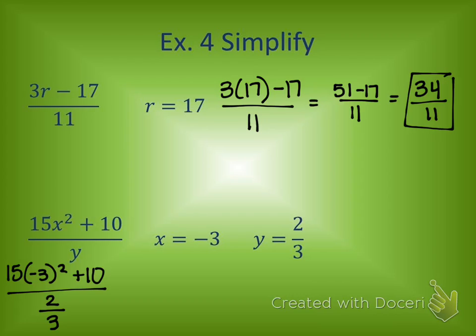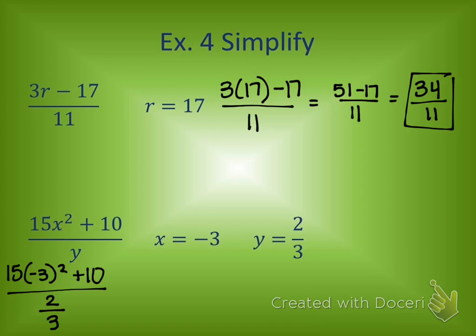No. What do I do instead? Multiply or keep, flip, change. Now, I am going to do that, but I'm going to wait and I'm going to simplify everything in my numerator first because it's going to be much easier if I have one number and then I do keep, flip, change as opposed to all of these. So I'm going to simplify my numerator first and then worry about the division by a fraction.